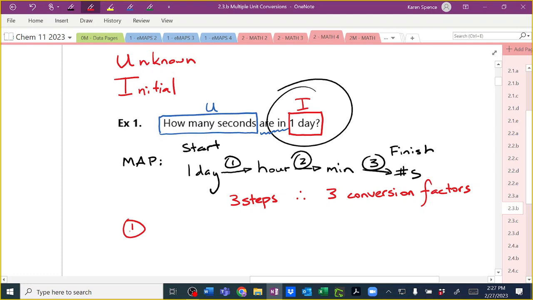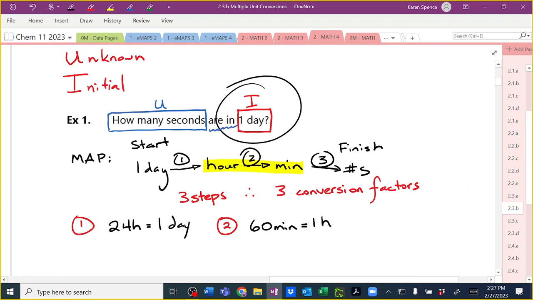You guys know that 24 hours is equal to 1 day. Conversion factor number 2, we want to go between hours and minutes. What is the conversion factor between hours and minutes? 60 minutes is equal to 1 hour.